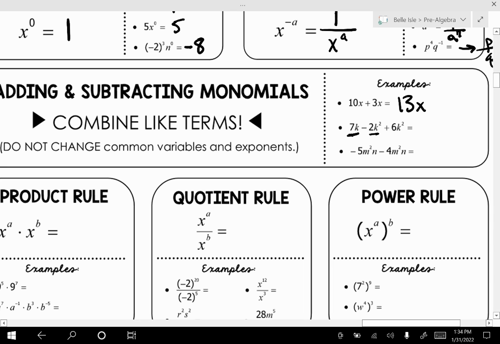When you're adding or subtracting numbers that have exponents, the exponents don't change at all. So we just have 7k because we don't have another k to combine it with. Then we have negative 2k squared plus 6k squared, which is going to be 4k squared.